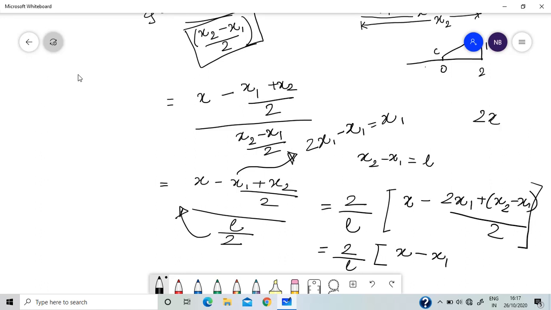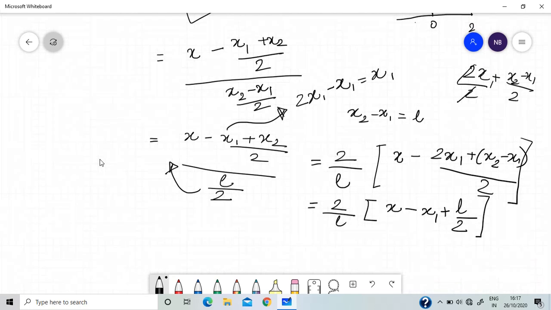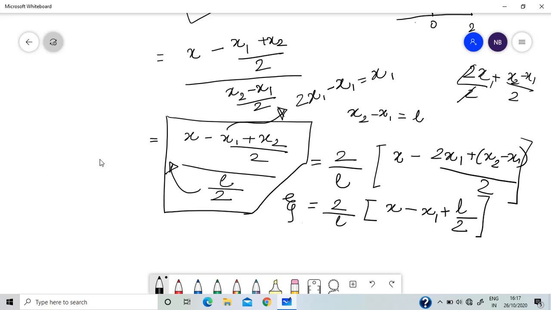It will be 2x1 upon 2 plus x2 minus x1 upon 2. So 2 gets cancelled here. So this is minus x1, and x2 minus x1 is nothing but the length, L upon 2. So you can denote zeta by this formula given here, or you could just leave it at this. It is the same.